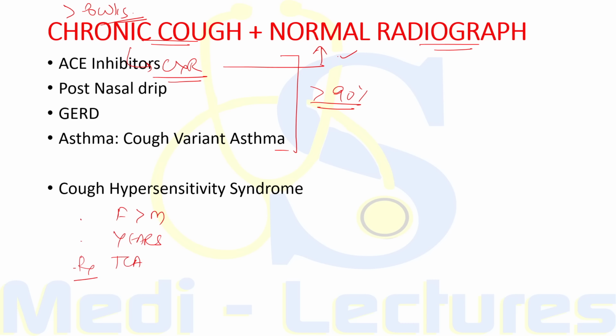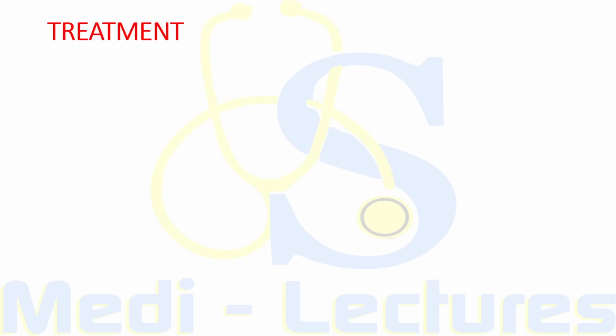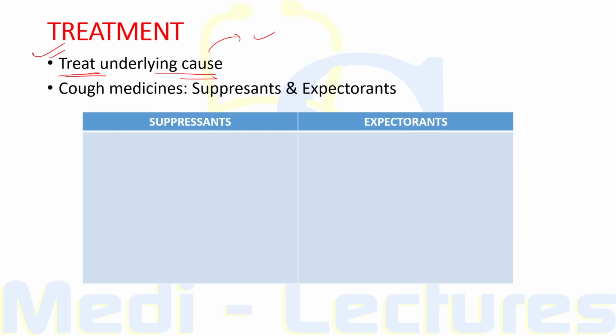Now let's discuss the basic treatment which you can use in the outpatient department. First and most important thing is once you diagnose what is the underlying cause of cough, you have to treat that underlying condition. This should always be sought and treated. Now we have symptomatic cough medicines which are divided into 2 types. These include cough suppressants and cough expectorants.